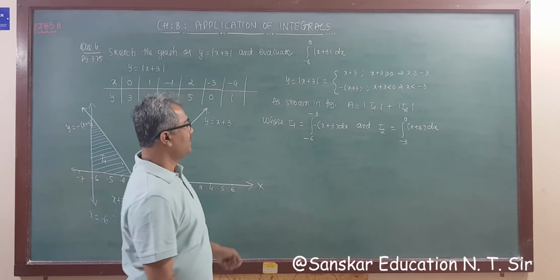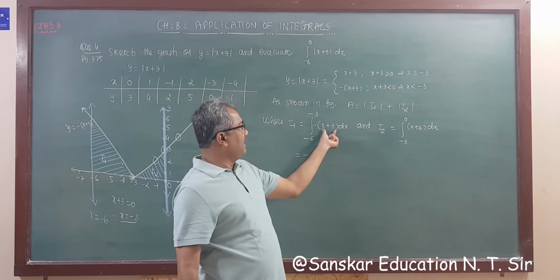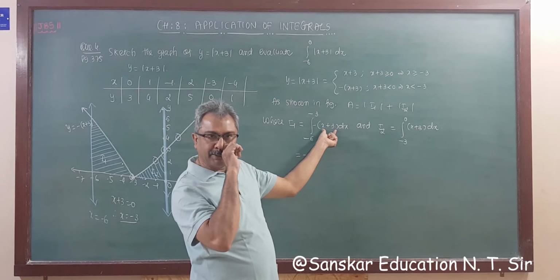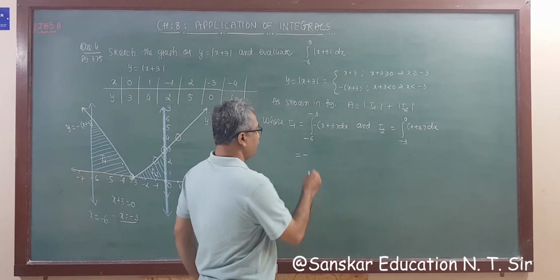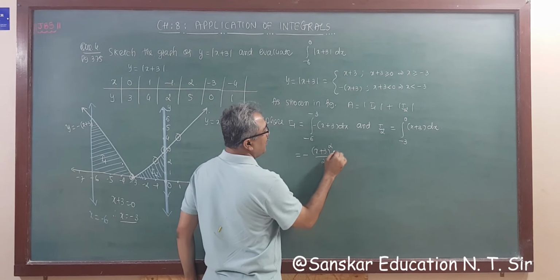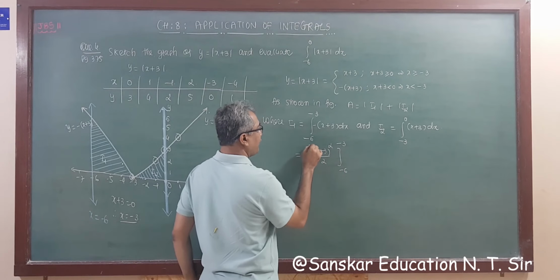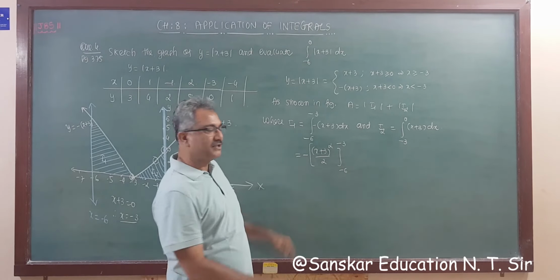Okay. So now the integration of this, minus is constant. Suppose this is x, then the integration of this is x square by 2. So the answer will be x plus 3 whole square by 2, and the limit is from minus 6 to minus 3. So minus half is constant.